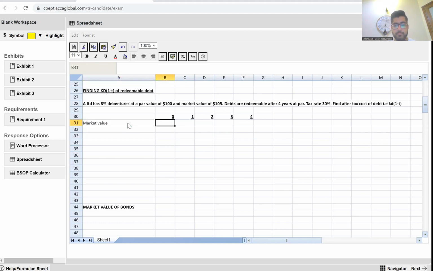That is an outflow. So market value is 105 outflow. Then after tax interest. Interest is 8%, so after tax it is going to be 1 minus 0.3, which equals 5.6%. Interest is 5.6% of par, so you get 5.6.